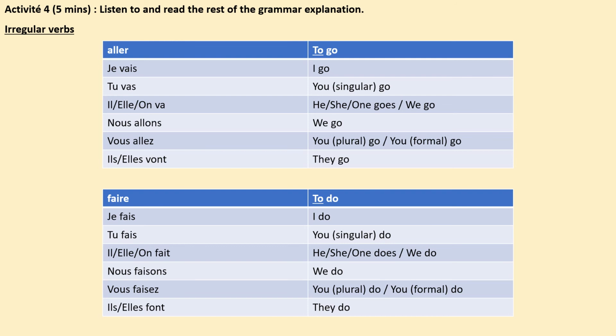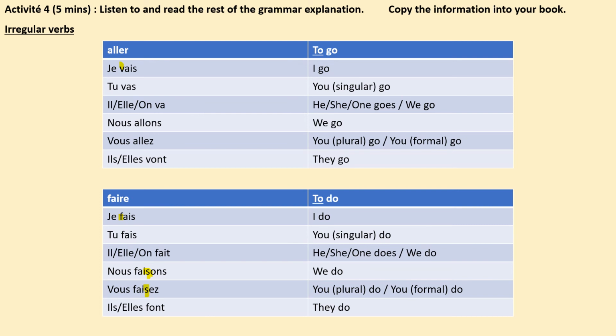Je vais, je fais. There's hardly any difference, just the V and the F sounds. Notice also that in the verb faire, this S in the middle sounds like a Z. Faisons, faisait.